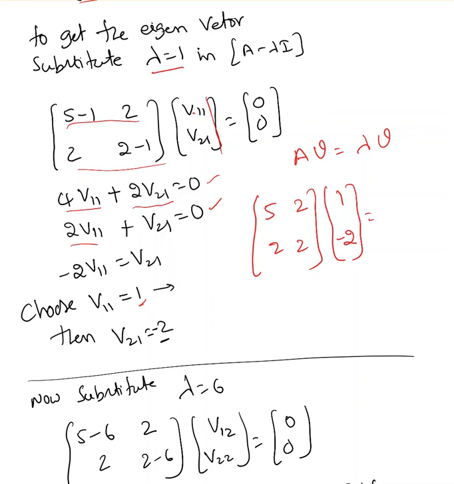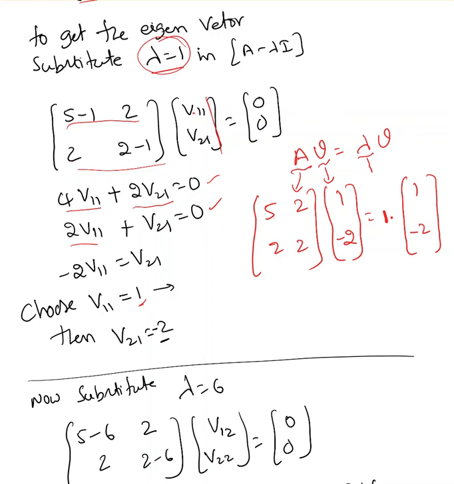Now when we multiply this, I will end up with 5 times 1 minus 4, which is 1, and 2 times 1 minus 4, which is minus 2. So this is the A matrix, this is the eigenvector, and this is the scalar quantity. Here I can take that lambda equal to 1. Basically this is what that lambda is, and V is the same vector, the eigenvector. So this is the eigenvalue.